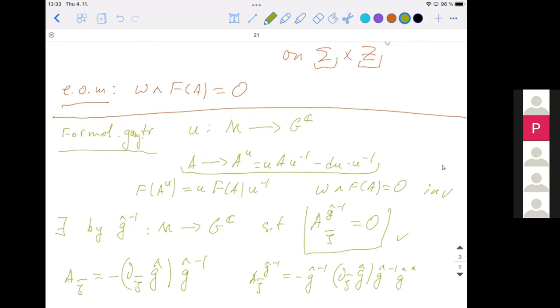Yes, it's pure gauge, so it will be just 0. So I don't have to write it.